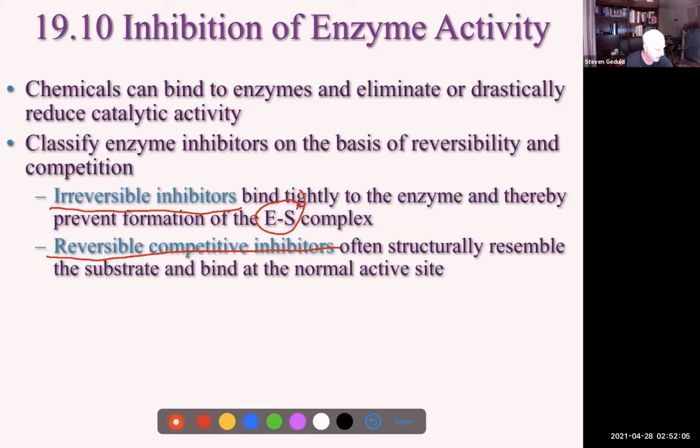Okay? It's kind of like how carbon monoxide poisoning works. Okay? One form of suicide: lock yourself in the garage, turn your car on, let the engine run, and produce carbon monoxide. Okay, carbon monoxide competes with oxygen at hemoglobin in the red blood cell.